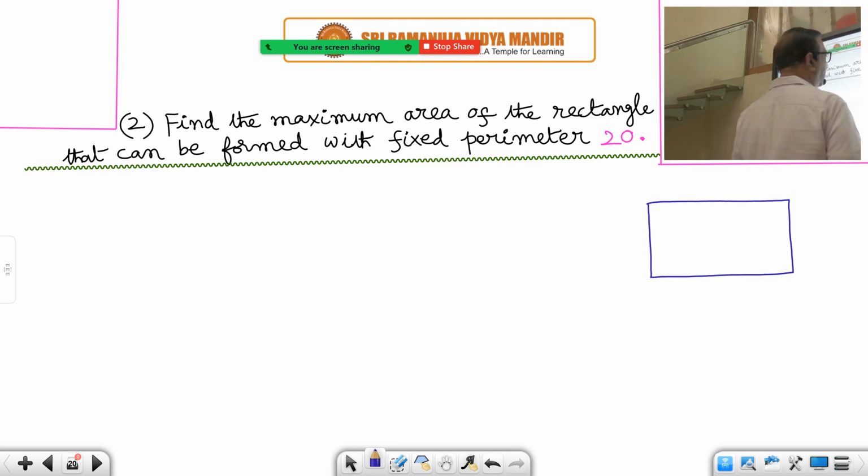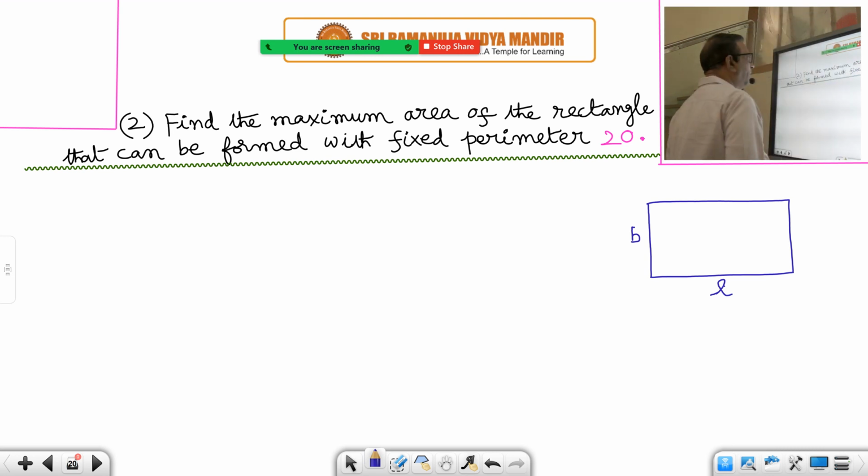So this is the rectangle. Suppose L is the length and B is the breadth of the rectangle. Find the maximum area of the rectangle that can be formed with the fixed perimeter.